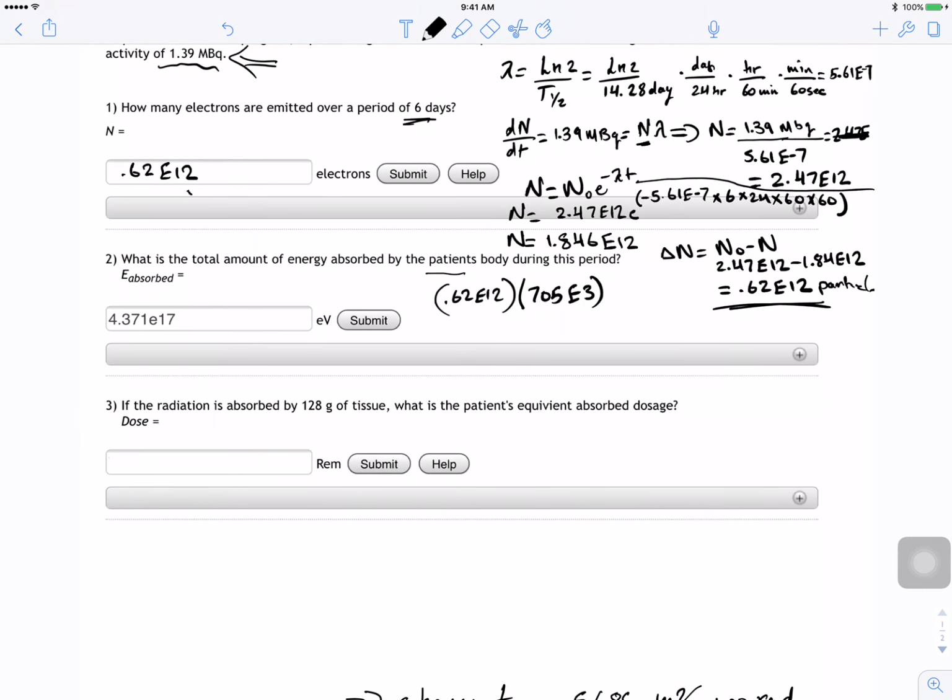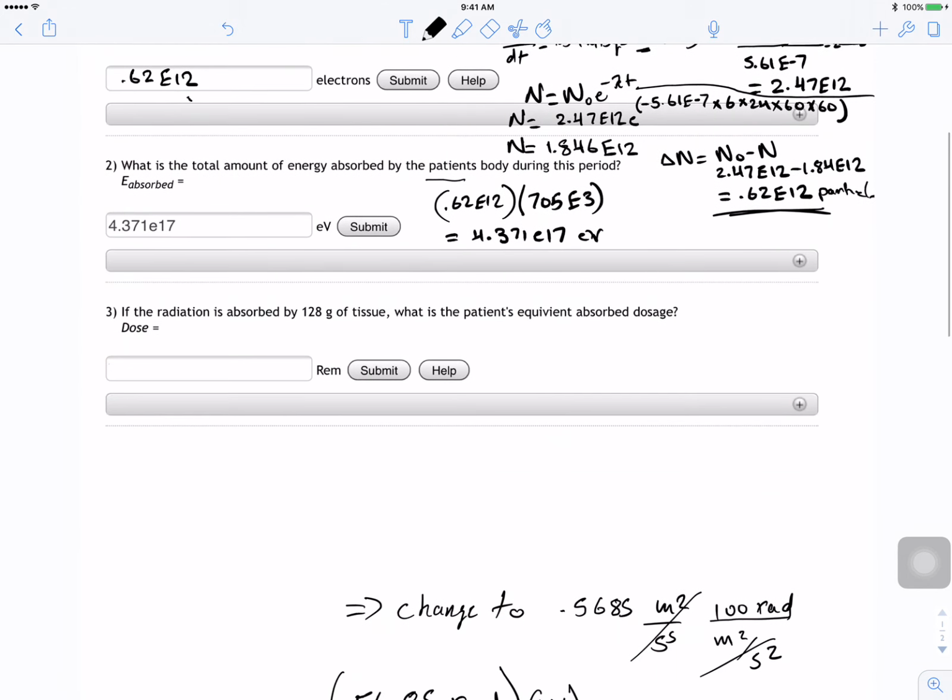The E3 comes from the kilo electron volt. So from this I got 4.371 e to the 17 electron volts.